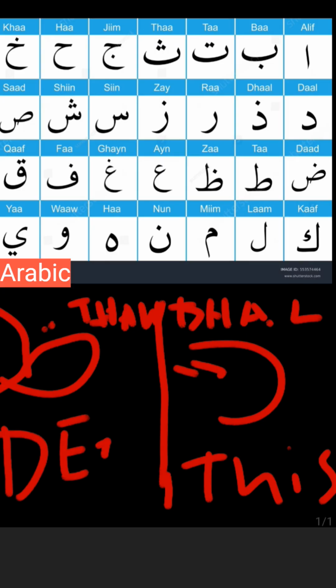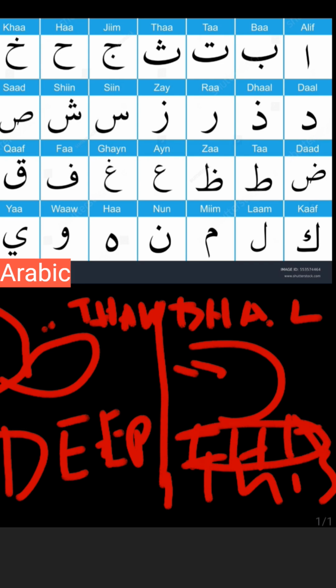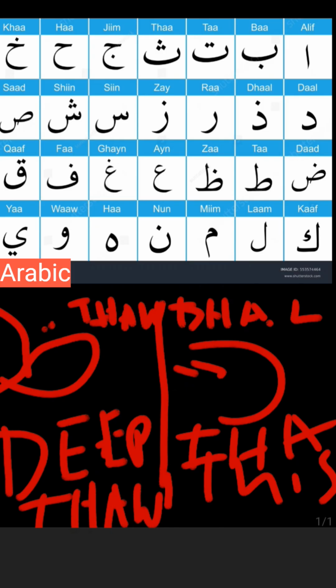This is deeper. So this is the, and this is deeper. Law. So on the left, law, and on the right, the, del, and law on the left.